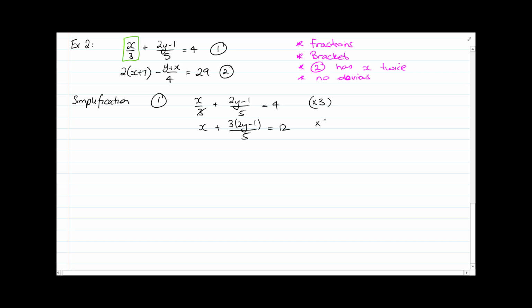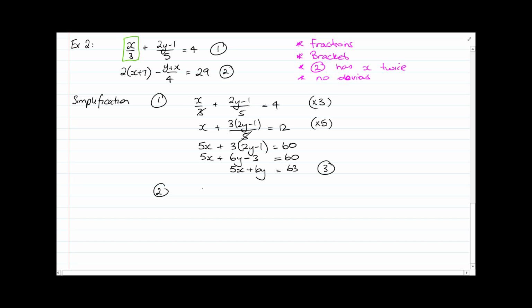And then I'm going to multiply by 5, and that will eliminate the 5 in the bottom of the second term, giving me 5x plus 3 times (2y minus 1) equals 60. Then I'll expand and simplify. 5x plus 6y minus 3 equals 60, and 5x plus 6y equals 63. I'll call this equation number 3.